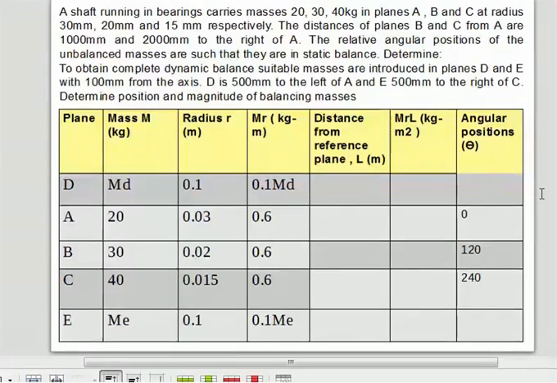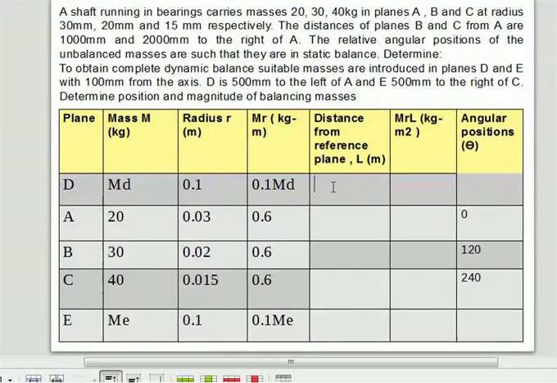After this static force polygon, now let me fill the fifth column of this table, distance from reference plane L. So in this, which one you have to take as reference plane? I told you during my previous problem, you have to select the plane in which I am having unknown mass as the reference plane. So I am having mass D which is unknown in plane D. So this will be the reference plane.